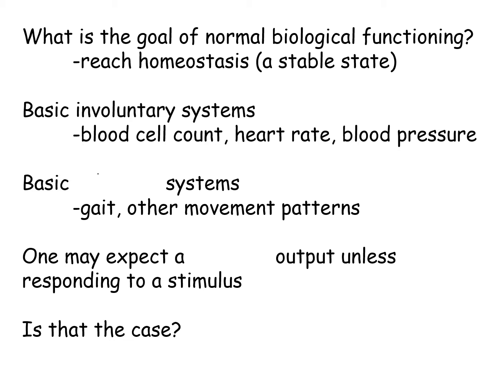And this is true for our basic involuntary systems. When we look at red and white blood cell count, or heart rate, they usually say the optimal or normal functioning heart rate is 60 beats per minute. Usually for everybody, we like to say a healthy heart rate is somewhere between 60 and maybe 85 beats per minute.